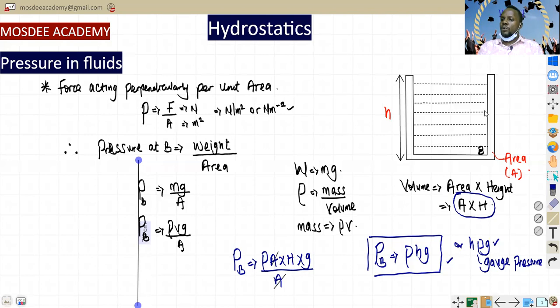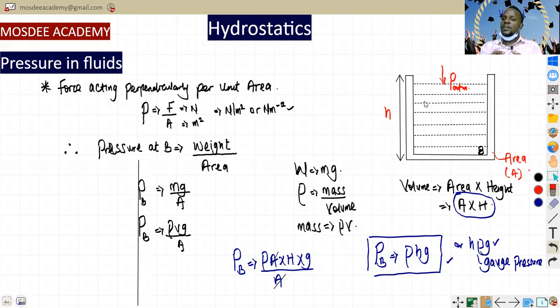So if it is open and atmospheric pressure is coming in here, we can now say that the pressure at the top of this container is nothing but P atmospheric, which I'm writing as PATM. Some of you are used to writing it as capital letter A. It's still the same thing.